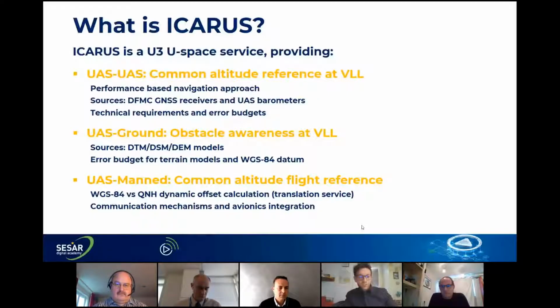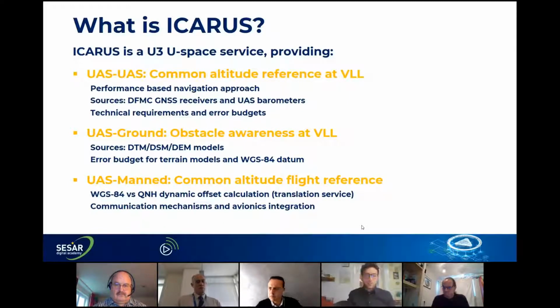Icarus can be conceived as a U3 Uspace service to be distributed to the end user, manned and also unmanned pilots, providing UAS common altitude reference at the very low level, UAS ground obstacle awareness at the very low level, and UAS manned common altitude flight reference.